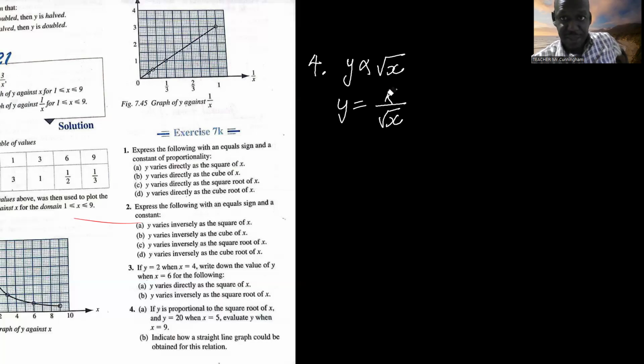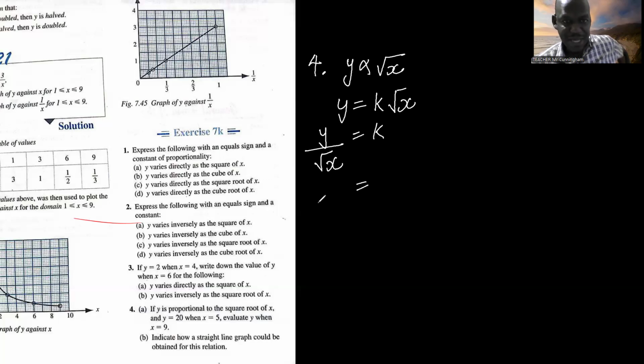They said it's not that, it's direct proportion. So y is proportional to the square root. Once you say proportional, it means direct. So it's k times root x. So that will have the root x.